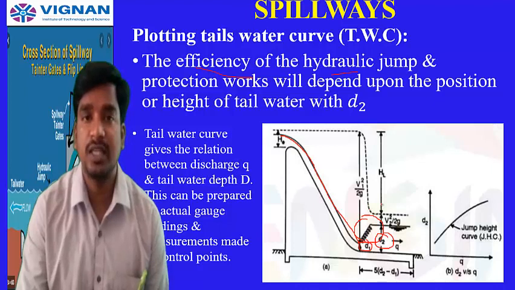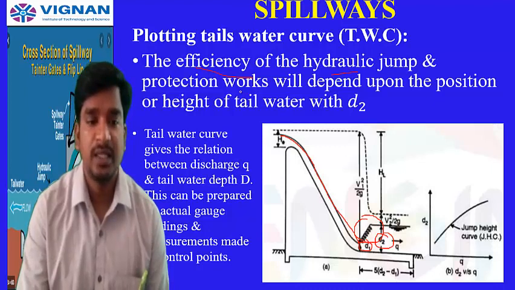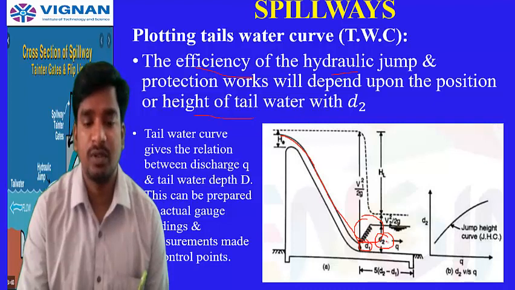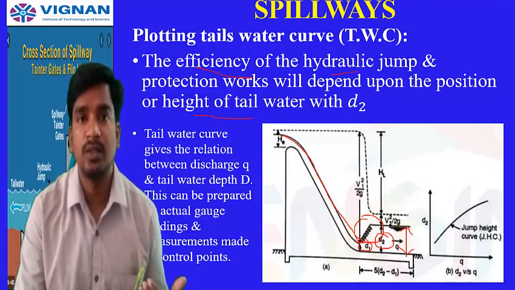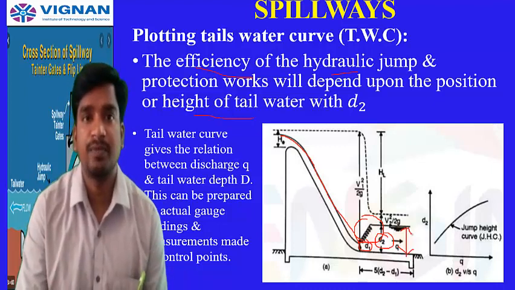The efficiency of the hydraulic jump depends on two factors. One is the height and depth of the tailwater, and what the position is, whether it is close to the spillway or far away from the spillway. How much distance, what is the position and height of the tailwater.